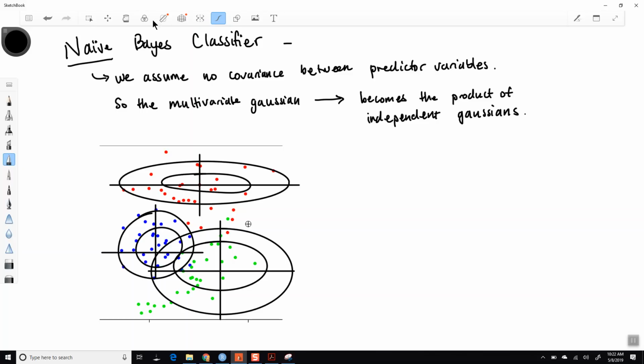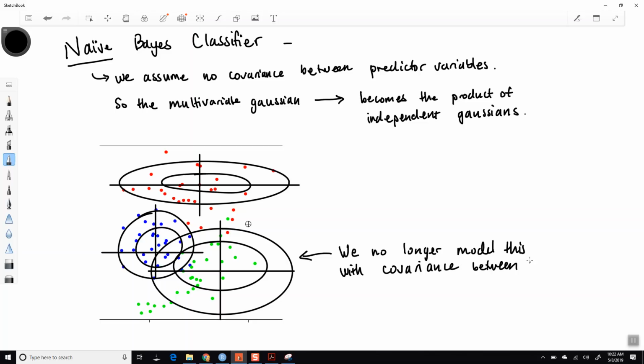So the biggest change is that we no longer model this with covariance between x1 and x2.